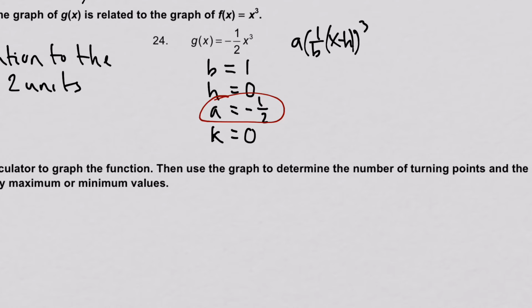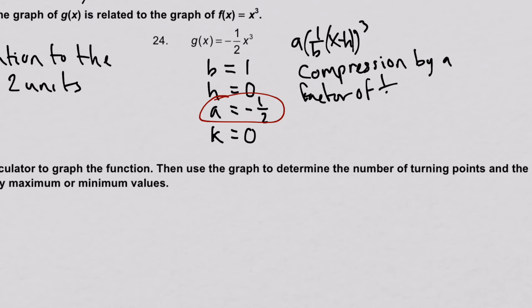Since it's 1/2, that's a compression. Not a stretch. It's 1/2. It's less than 1. That means a compression by a factor of 1/2. Vertical compression, we must say. It's not a horizontal compression. Vertical compression by a factor of 1/2.